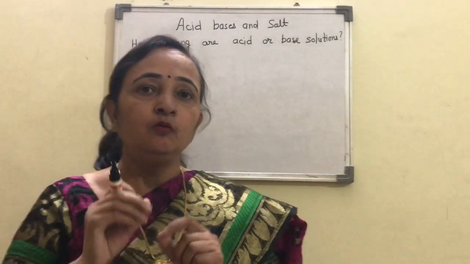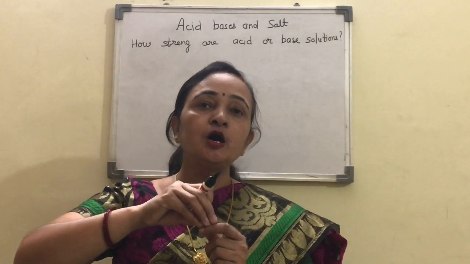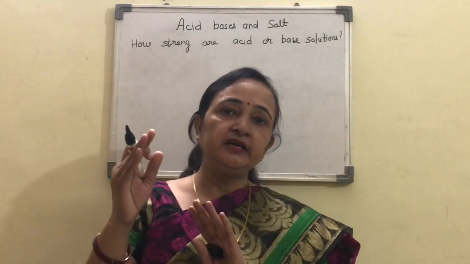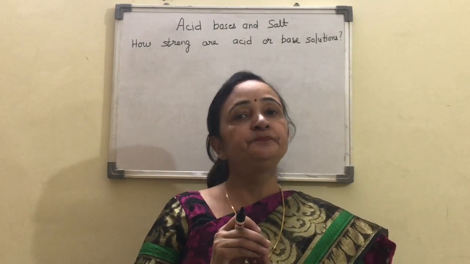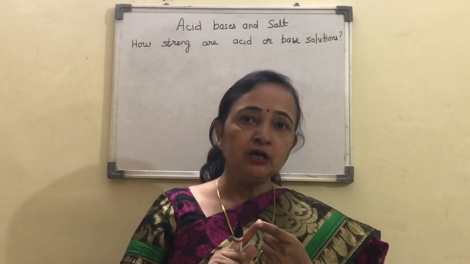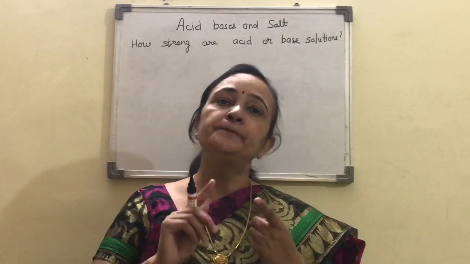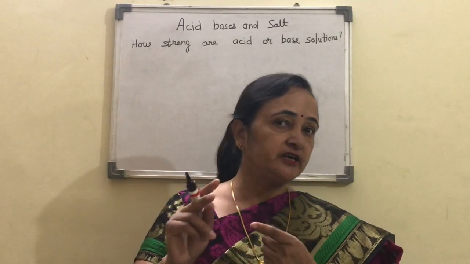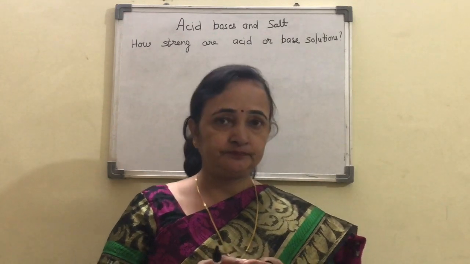After that, you can use the universal indicator directly, or you can use a paper impregnated with the universal indicator, and that paper is known as pH paper. It means you can find the pH value with the help of the universal indicator or the pH paper, and you will see the same color for both.